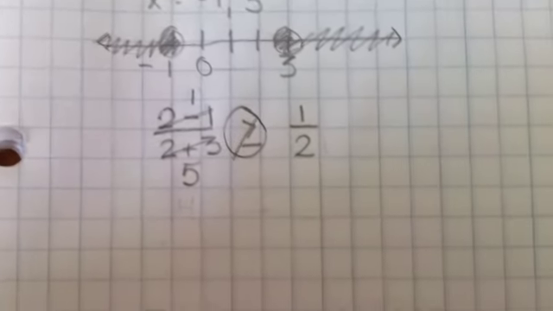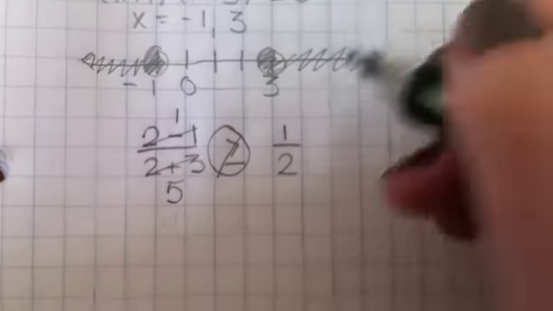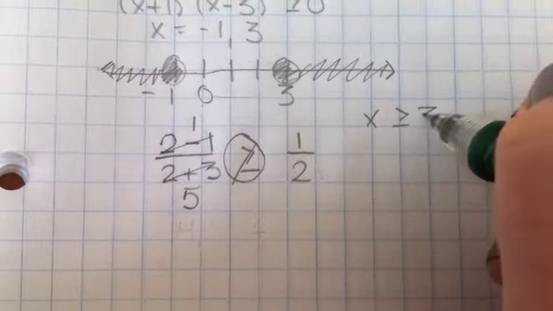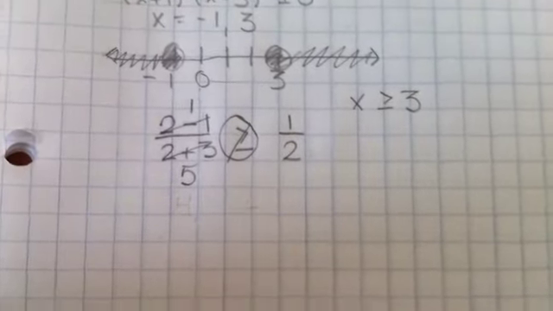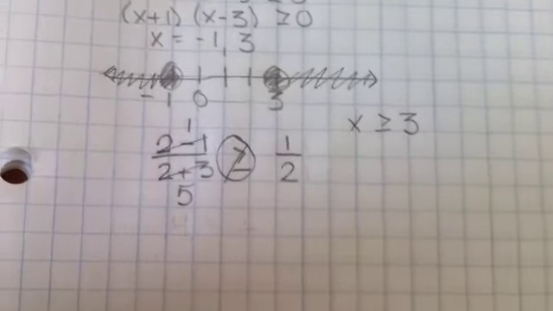And you're looking for the highest numerator, so then x is greater than or equal to 3, and so x will continue getting larger as it approaches infinity.